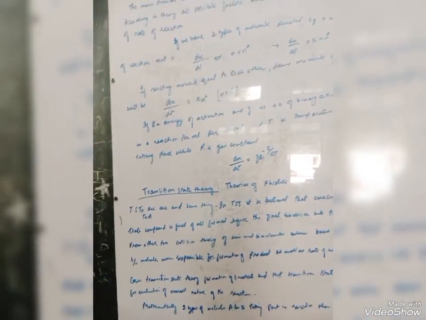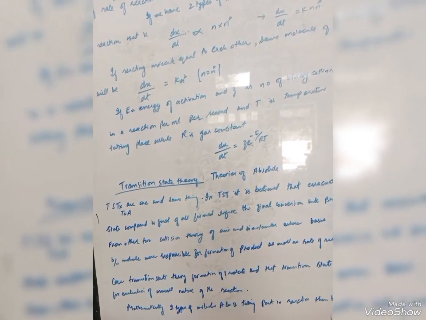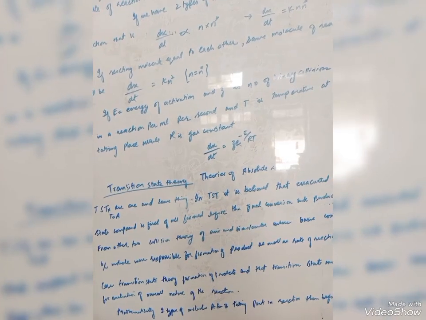So it also depends on the nature as well as the size of the molecules taking part. After the introduction of a probability factor, the above equation is applicable to all types of binary gas reactions taking place under any condition. So that is the sum up and the summary of today's lecture. Hope that you can understand.